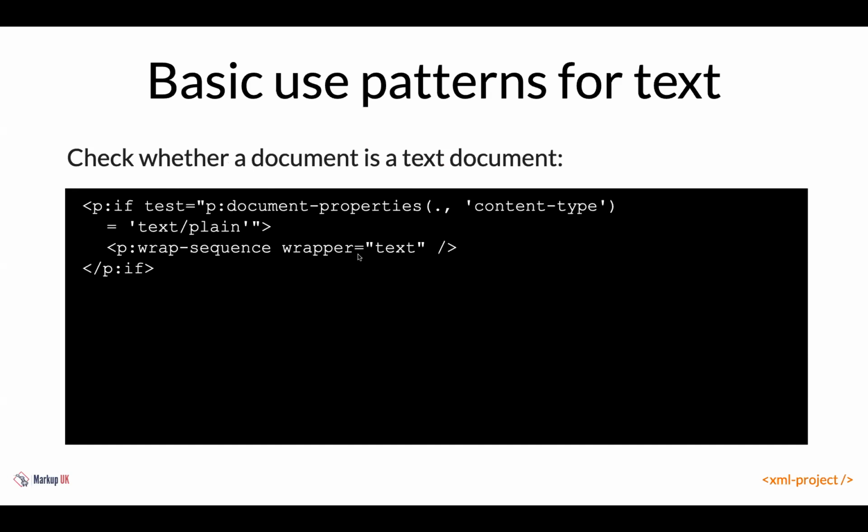This is a standard way to work with text documents to get rid of them once and for all, because you can load the text documents and then you can say wrap-sequence with the wrapper, and that will produce a document node with an element node named text, and the original text is now a child of this text node. So now you've got a proper XML document from the text document.